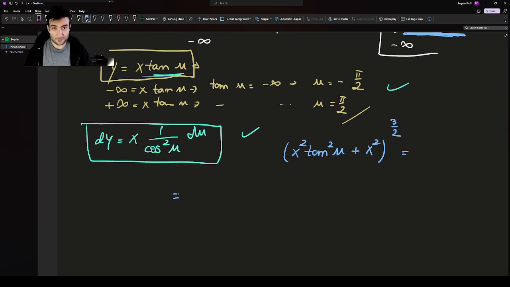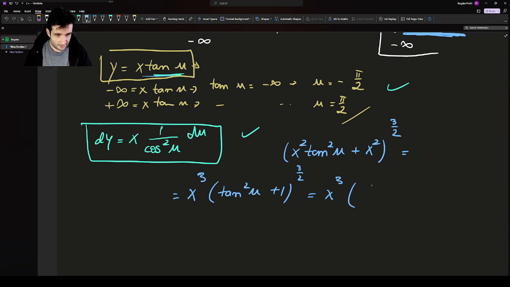And if I factorize an x squared outside, I actually get an x cubed times tan squared u plus 1 to the power 3 over 2. So inside that bracket, if you use some trigonometric formulas, you'll end up with the fact that this will be 1 over cosine squared of u to the 3 over 2. And finally, this is x cubed over cosine cubed of u.